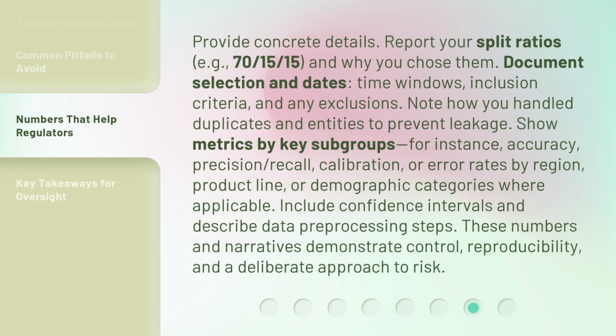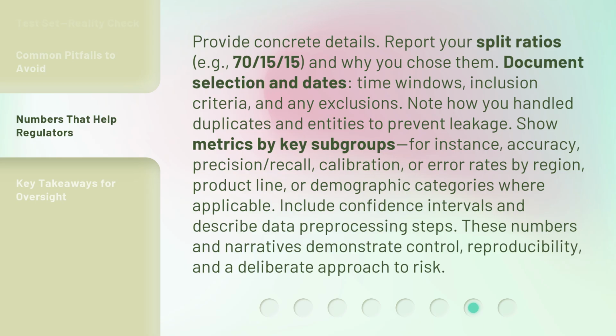Provide concrete details. Report your split ratios, e.g., 70/15/15, and why you chose them. Document selection and dates, time windows, inclusion criteria, and any exclusions. Note how you handle duplicates and entities to prevent leakage.